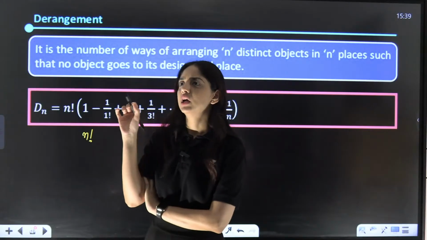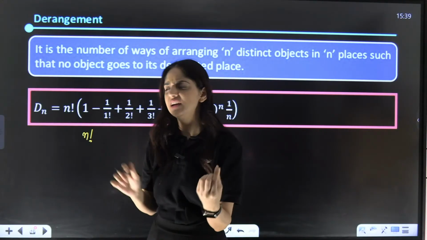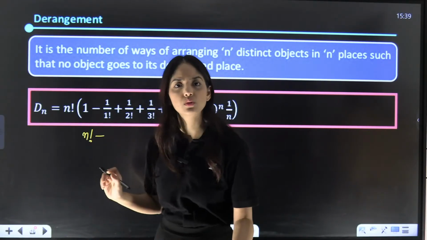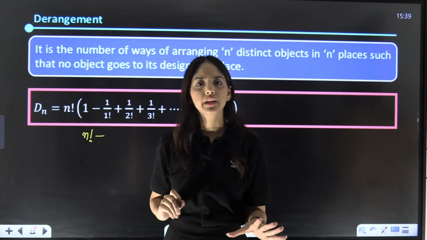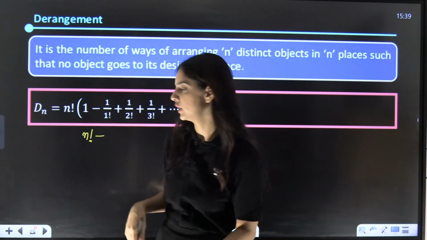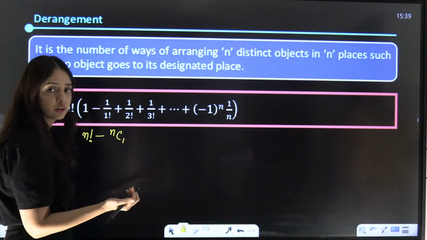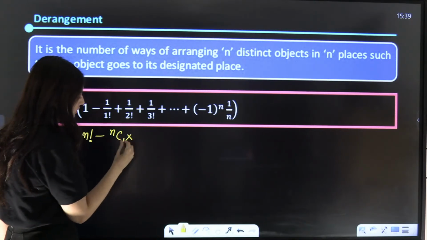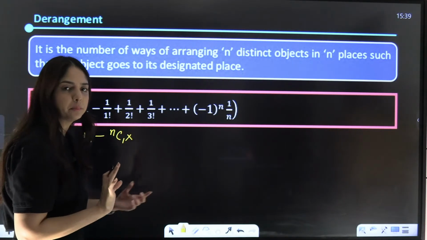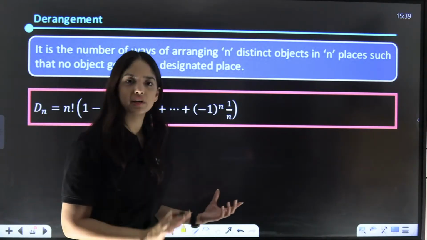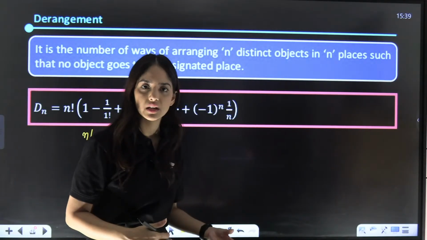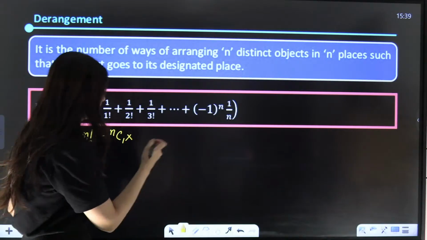I want to remove those cases where one of them is sitting in their original spot. So I will choose which one is sitting in their original spot, and then now I know this one person is sitting in their original seat, in its original place. The remaining n minus 1 can be anywhere.